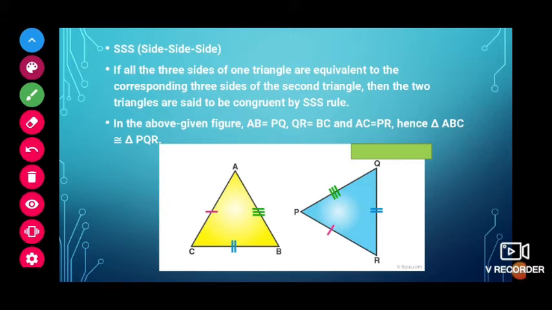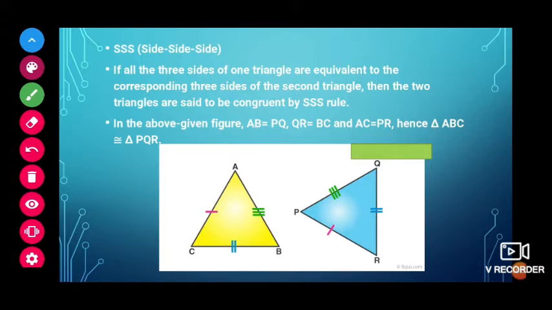I will explain those theorems in the interaction session on Saturday. Here I have explained only the definitions of the criteria, meaning by using which criteria we can say that two triangles are equal. We will not always check all the angles and all the sides. By using any three. What are the three? I am going to show you.